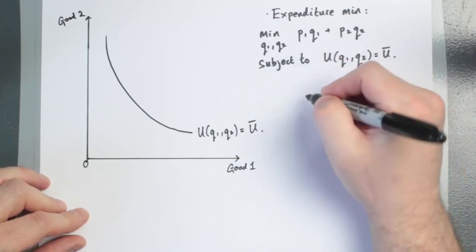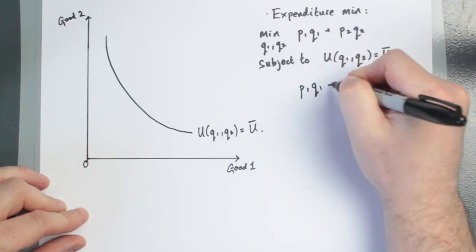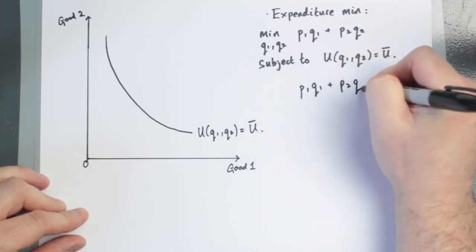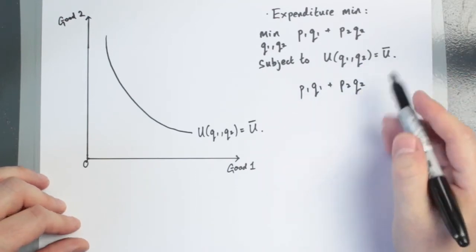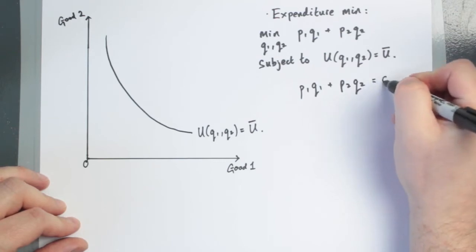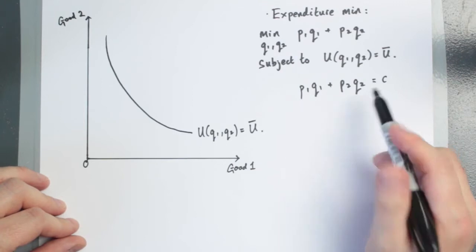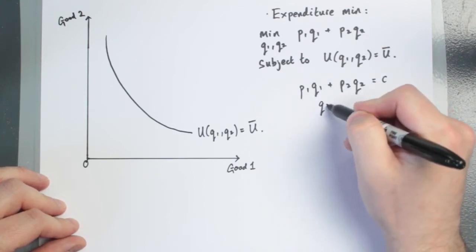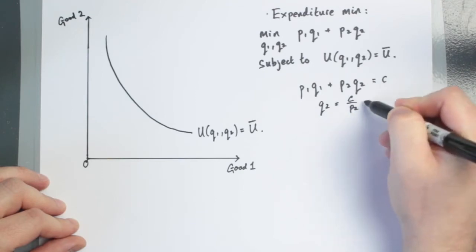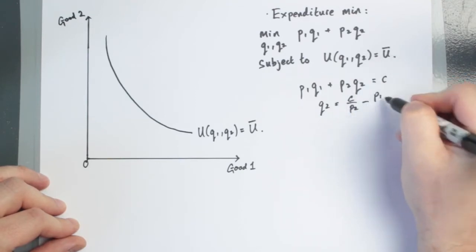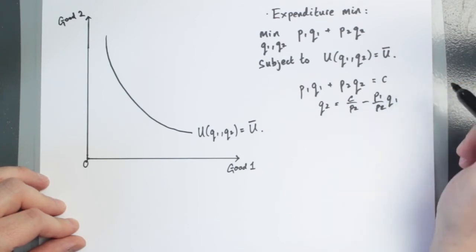Well, let me quickly write P1 times Q1 plus P2 times Q2. If I look at all bundles that cost the same amount, so if I pick a particular amount C, just a constant, what does this look like? If I rearrange, I will get Q2 equals C divided by P2 minus P1 over P2 multiplied by Q1.